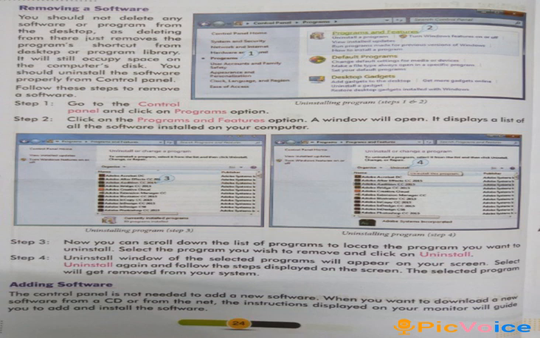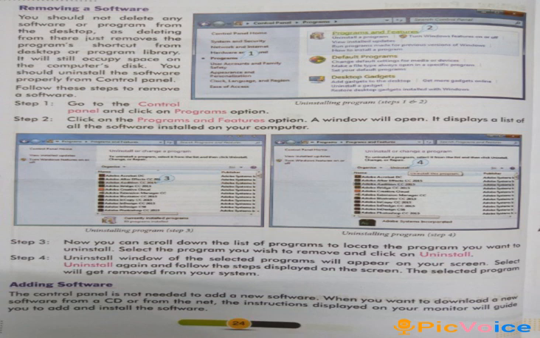Step 1. Go to the control panel and click on Program options. Step 2. Click on the Programs and Features option. A window will open. It displays a list of all the software installed on your computer. Step 3. Now you can scroll down the list of programs to locate the program you want to uninstall.